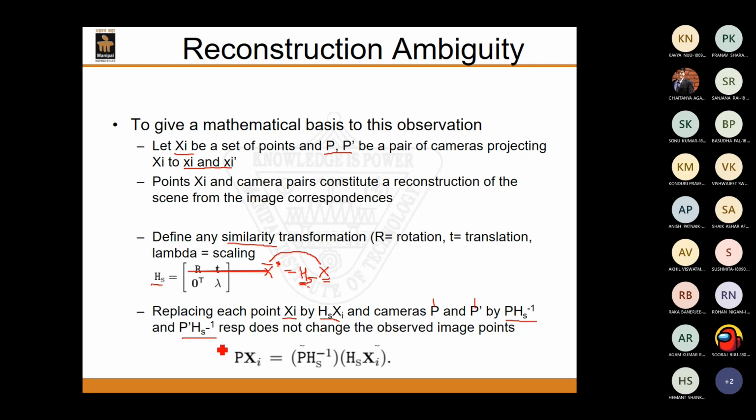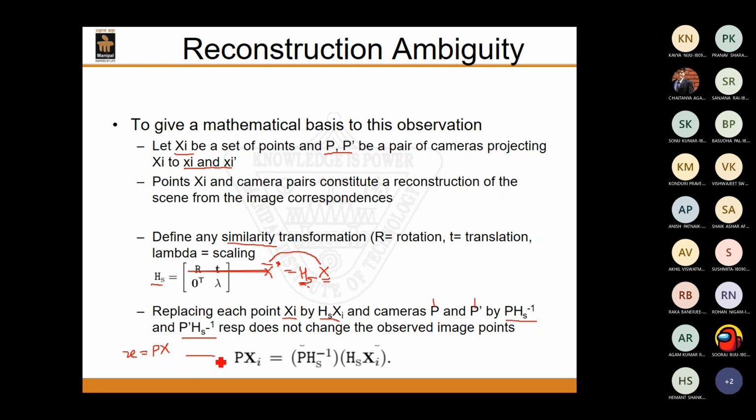So on applying the similarity transformation to the points as well as the camera parameters, it will not change the actual image points which are present. I know that small x, which is basically the image point, is equal to the camera parameters capital P times X, which is basically the 3D point.